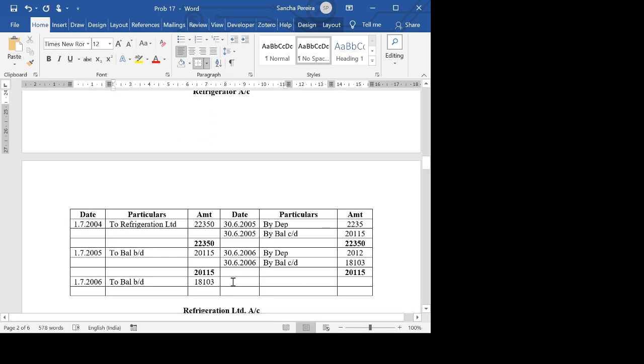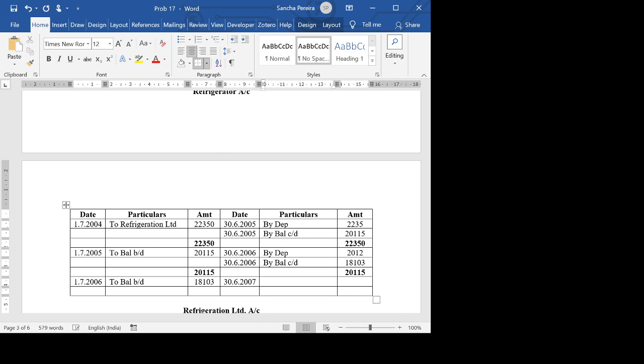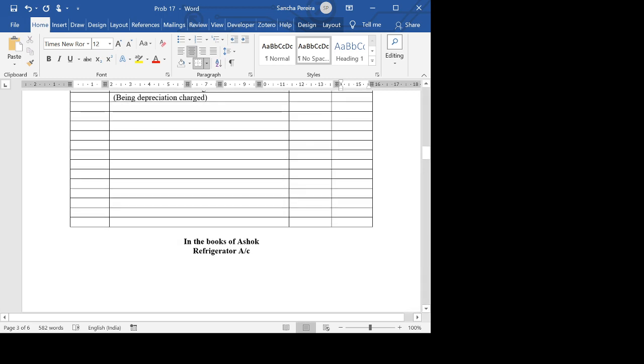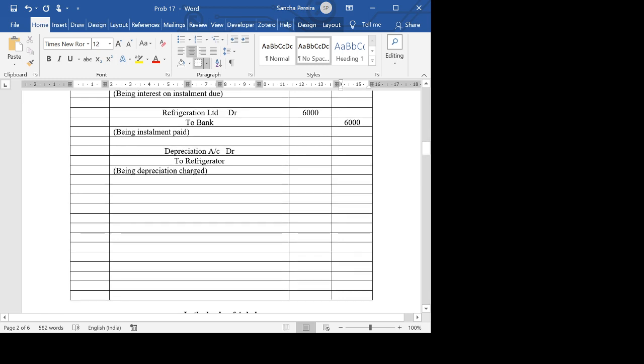So we'll just say by depreciation here, 30th June 2007 by depreciation. So you have 18103 into 10% will give you 1810.3. We don't round up. Okay, so depreciation is 1810.